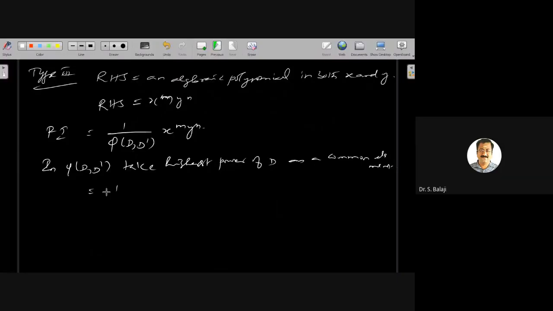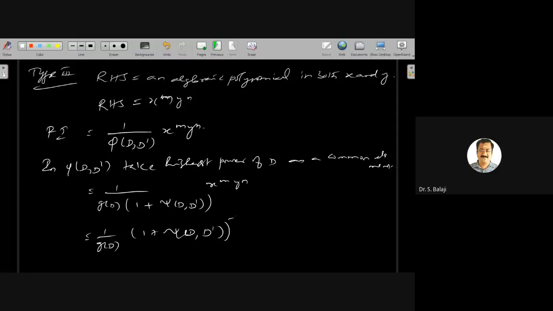Then it becomes a function of d into 1 plus psi of d comma d dash, into x power m, y power n. 1 by g of d, you take into the numerator, psi of d comma d dash whole power minus 1, x power m, y power n.